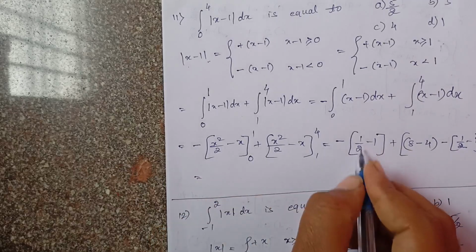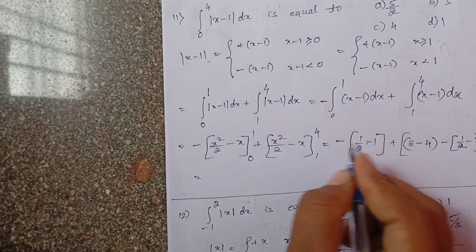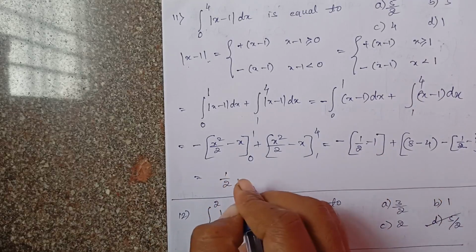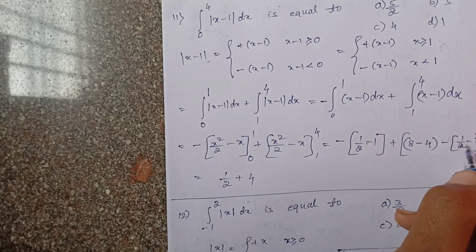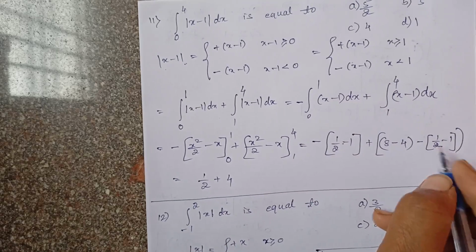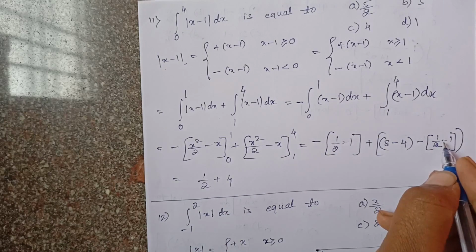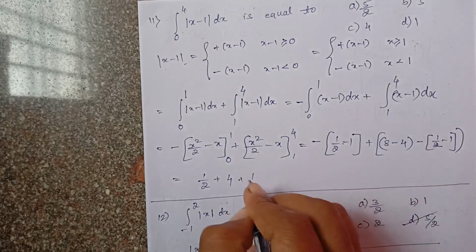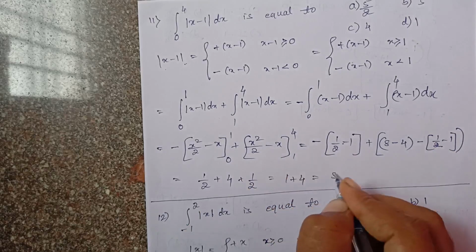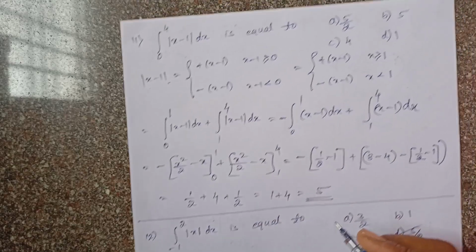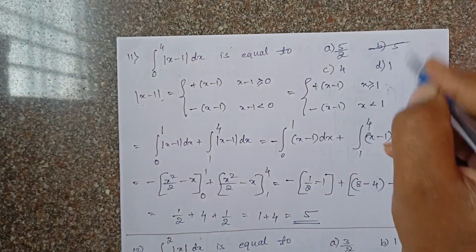Okay, 1 by 2 minus 1 is minus 1 by 2, minus of that is plus 1 by 2, plus of 8 minus 4, 4. 1 by 2 plus 1 by 2, 1 plus 4 is equal to 5. So which option? Option B is correct here.